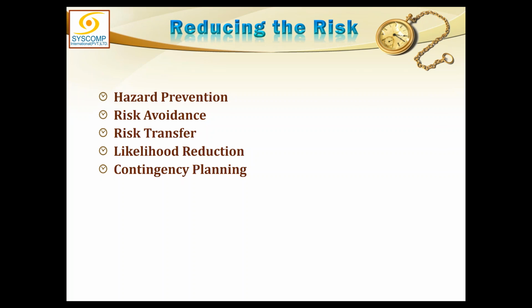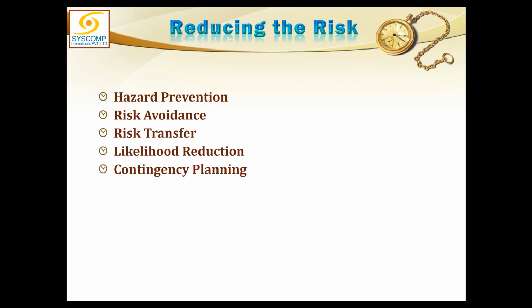The construction work I'm doing right now, I may pend the work for some duration of time, maybe for a month, 2 or 3. So I have avoided it. Or if I was planning to construct a house, I can pend the decision, or I can change the location. I can go to somewhere safe and try to construct the house there. So this is how we avoid the risk.